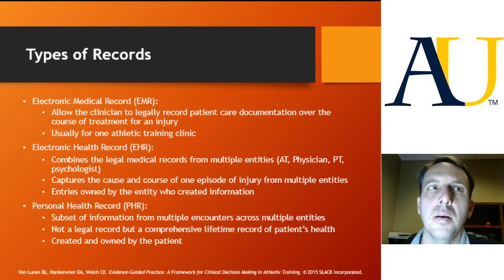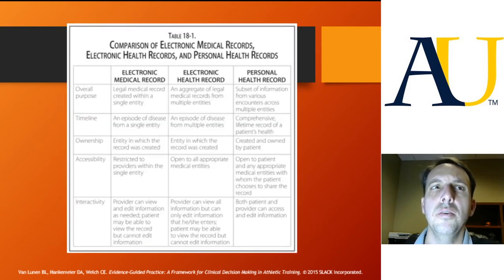Lastly, talking about types of records, electronic medical record, electronic health record, and personal health record are often used interchangeably, but there are some minute differences that are worth talking about. The electronic medical record is simply your own internal documentation system, right? So it's a single entity with a focus on a single disease or episode.